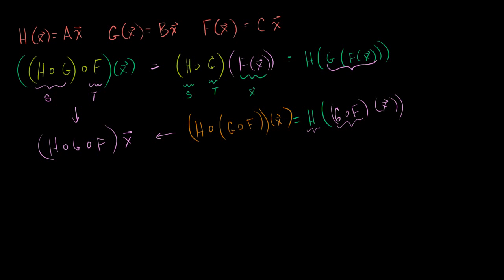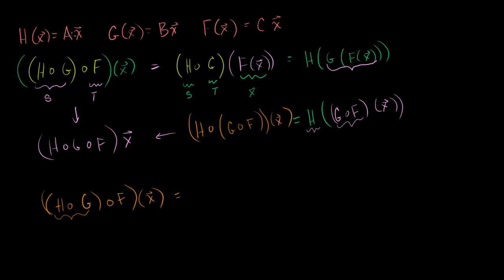The matrix version of the composition of h with g, and then the composition of that with f applied to x, is going to be equal to, and we've seen this before, first, the product of these matrices. So this composition, its matrix is going to be AB.